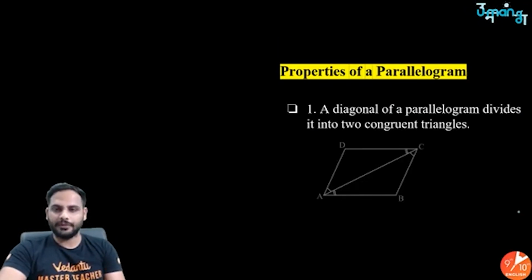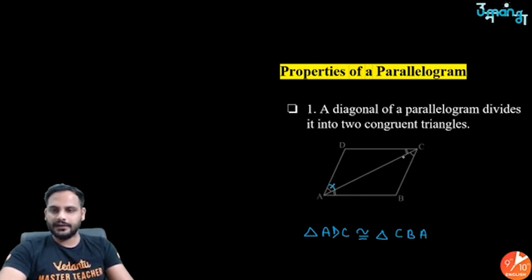So the first important property of a parallelogram is that the diagonal of a parallelogram divides it into two congruent triangles. So we can say triangle ADC is congruent to triangle CBA. Why? Because this angle is equal to this angle because of interior alternate angles, as AD is parallel to BC.